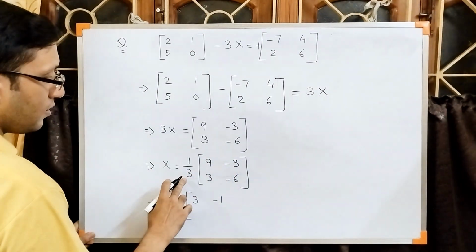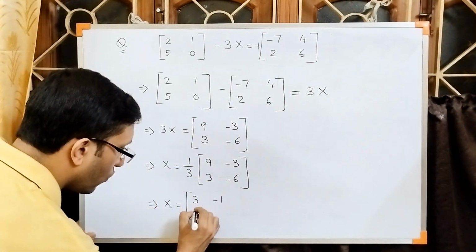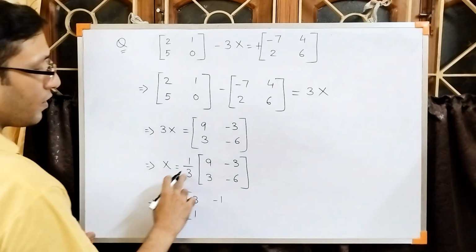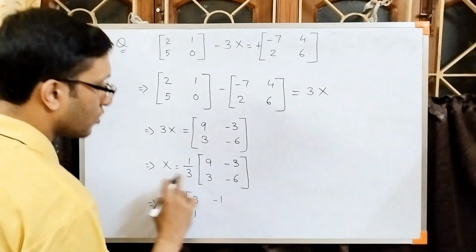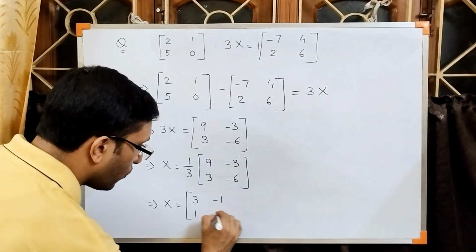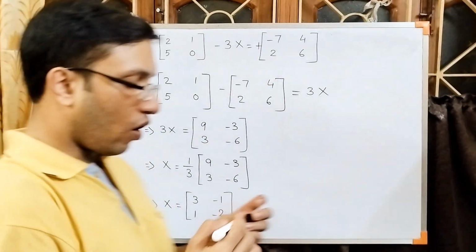This 1/3 into 3, again this 3 and 3 cancel to give us 1. And 1/3 into negative 6, 3 cancels negative 6 2 times. So minus 2 into 1, we get it as negative 2. And this is the value of x.